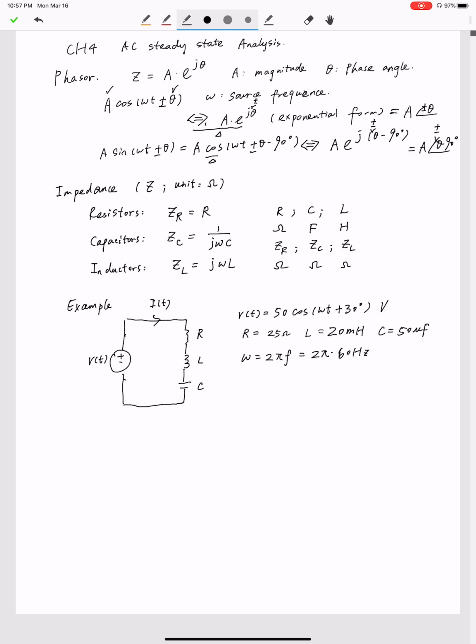That equals 377 radians per second. Right, so with this information, how can we find i(t)? To do that, we just need to convert this v(t) into phasor form, and then we find the impedance of each component, resistor, inductor, and capacitor. Let's find impedance first.